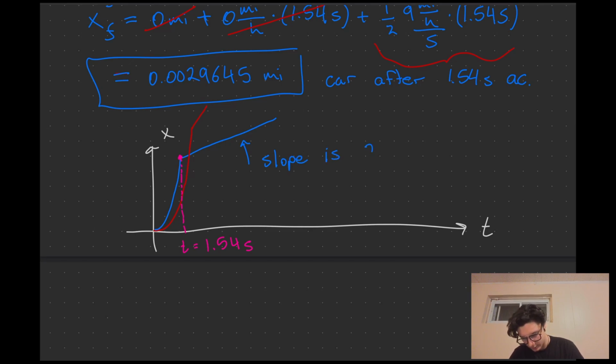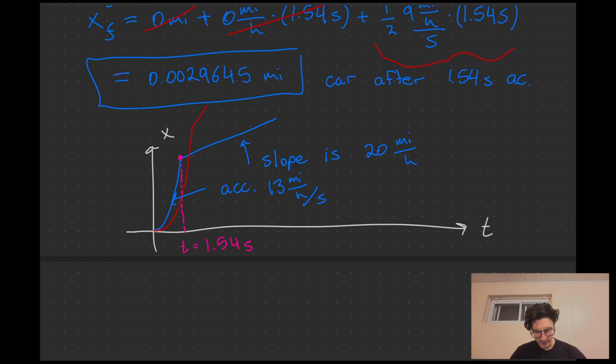The slope is 20 miles per hour. And the slope of the velocity is the acceleration, which is 13 miles per hour per second. So an accelerating particle's position versus time plot looks kind of like an exponential, like a parabola sort of. And a constant velocity looks just like a straight line.